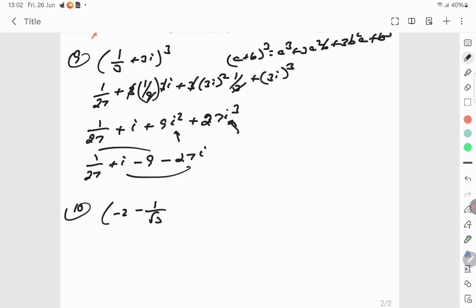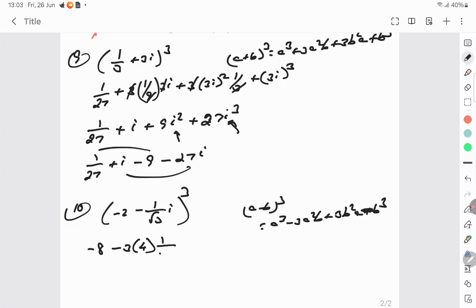10th question. Minus 2 minus 1 by root 3i the whole cube. Again it's a minus b the whole cube. This is a cube minus 3a square b plus 3b square a minus b cube. Alternatively plus and minus, right? a cube minus 3a square b plus 3b square a minus b cube. a is minus 2 here, okay?